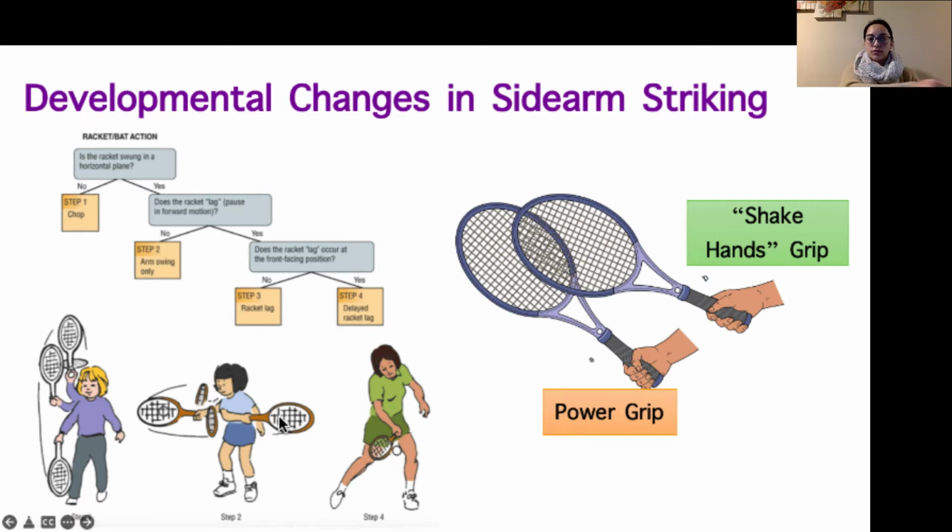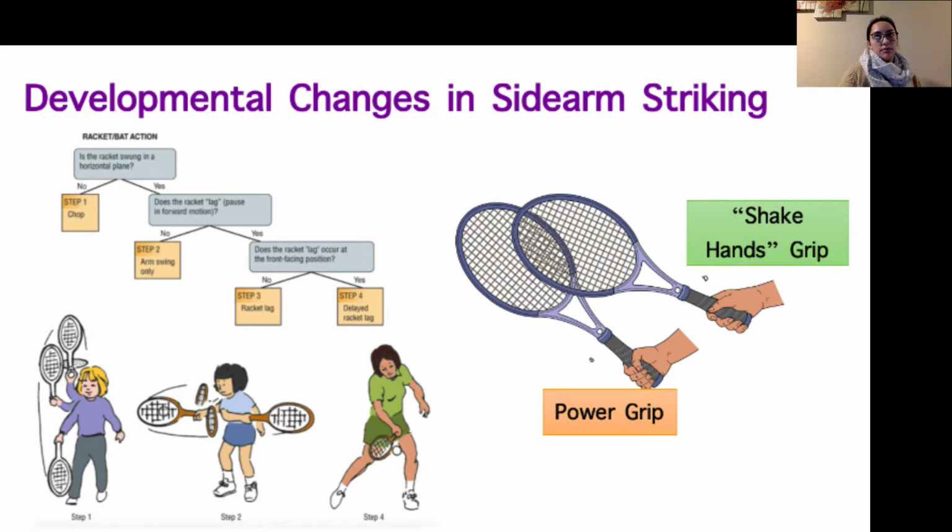So racket, and then you might notice a rotation or a passive rotation of the trunk as a result of the swing. Step 3 is where we start to consider the lag with respect to a front-facing position. So if the preparatory stance is sideways, as the racket comes around, does it lag behind the trunk rotation?